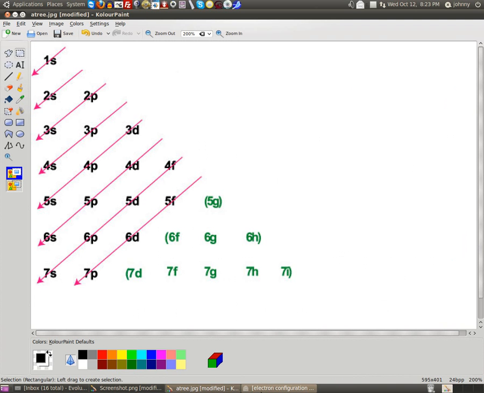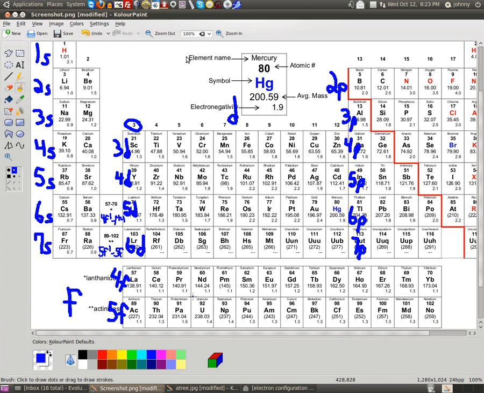Let's just do one at random here. Let's say that we were going to try to do, say, Pm. Well, I don't even know what Pm is off the top of my head. Let's look for something that's kind of cool. Yeah, let's do uranium. We're going to do this one for our example. Uranium 92.